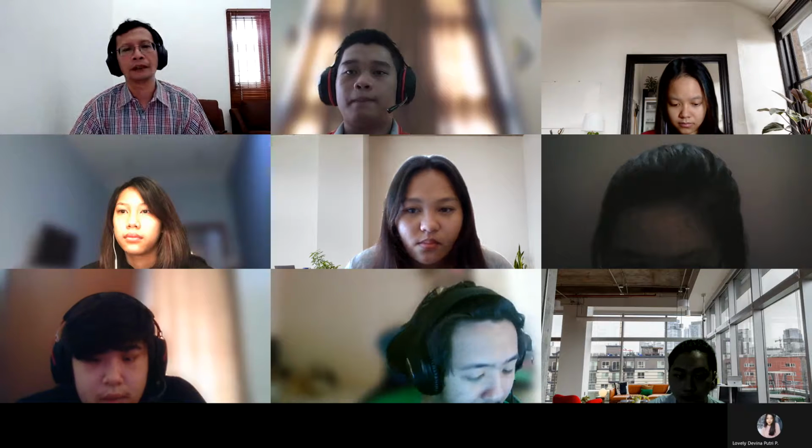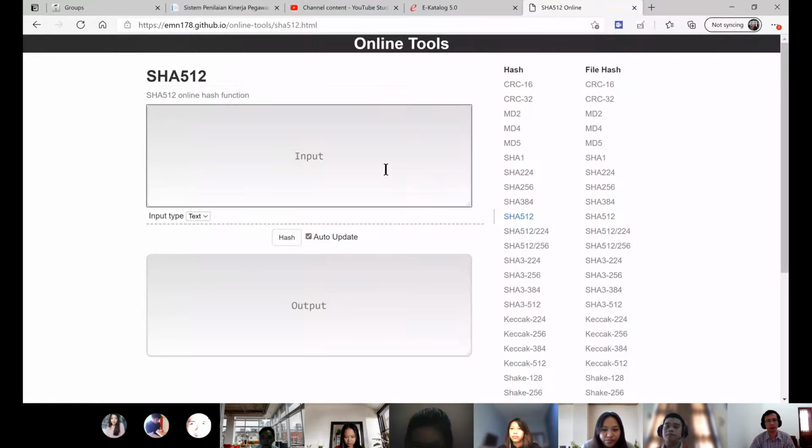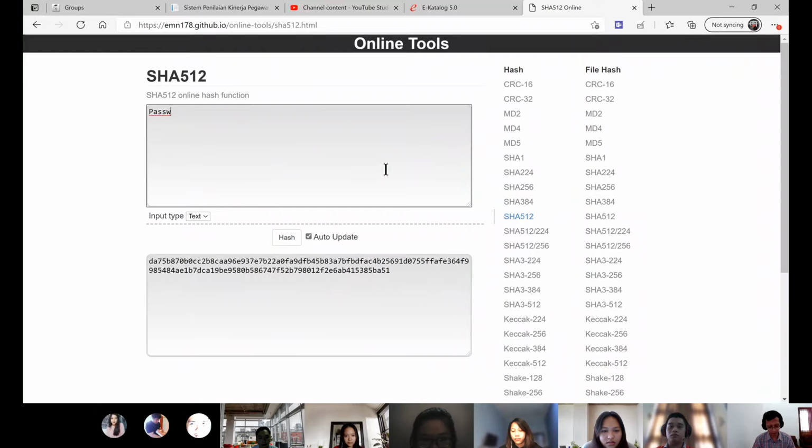Okay. So, for example, this is the practice that I used when I was with photographer.net. First, the password itself. For example, my password is "password". This is not a good example, but it is just to illustrate.